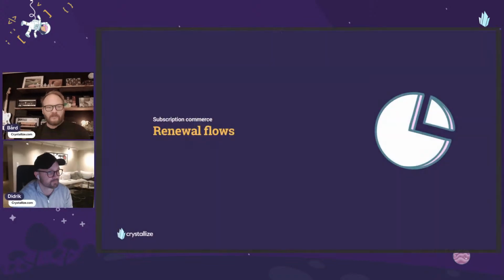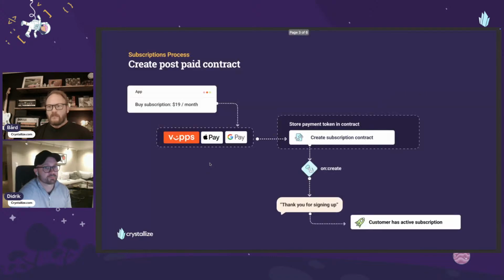Let's recap a little bit. We discussed a little bit in the first stream about renewal flows, and let's just take a look at a few, and then we'll of course also do it live as usual, because we have different strategies for managing subscription flows.